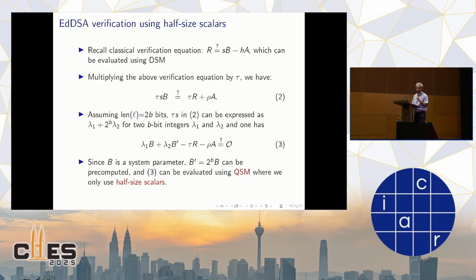Here we have 4 scalar multiplications, but in each scalar that we have here, the length is half of the length of order L. And that's actually where the speed of this algorithm comes from.